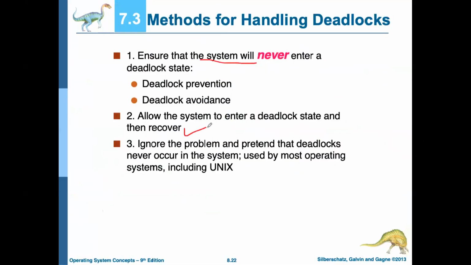We can do that as well. Or third, ignore the problem and pretend that deadlocks never occur in the system. This technique is used by most operating systems, including Unix. So this is a method for handling deadlocks.